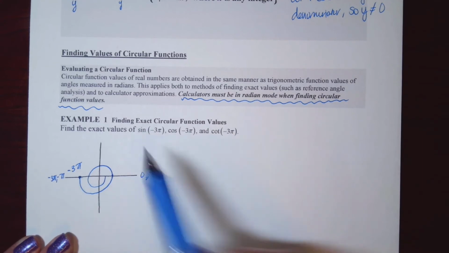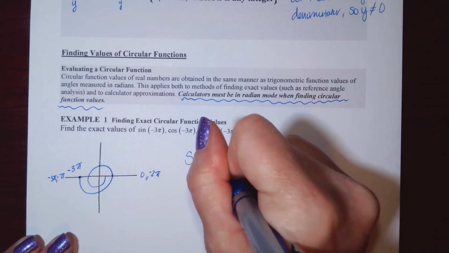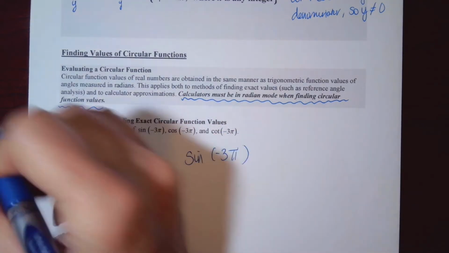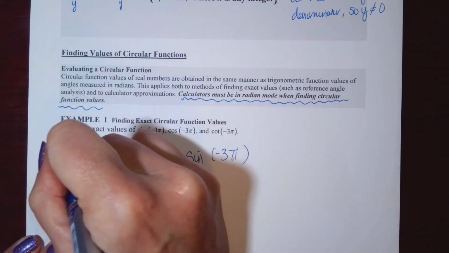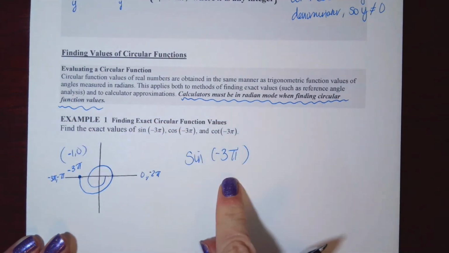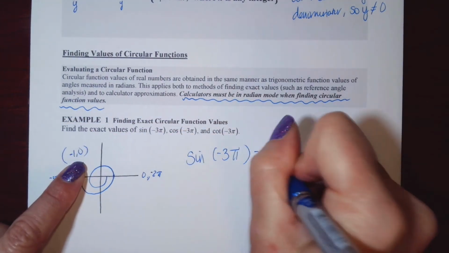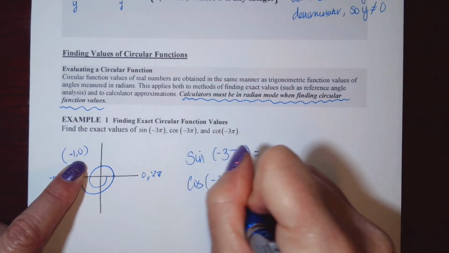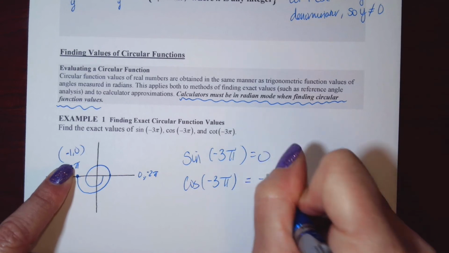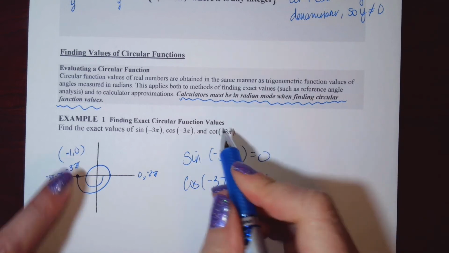All right, sine function value of -3 pi. Well, let's look at this. The coordinates here, because remember unit circle, are going to be -1, 0. My sine function value here is 0. That's the y value. My cosine function value here is -1. That's the x coordinate.